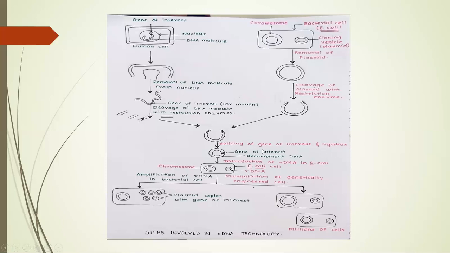In the next stage, the cloning vector along with foreign DNA, that is recombinant DNA, is again introduced into a host cell, that is an Escherichia coli cell. Now this host cell containing recombinant DNA is called a genetically engineered cell. The host cells are usually single-celled organisms such as bacterial cells or yeast cells. The genetically engineered cell is allowed to multiply as a clone containing millions of identical cells.